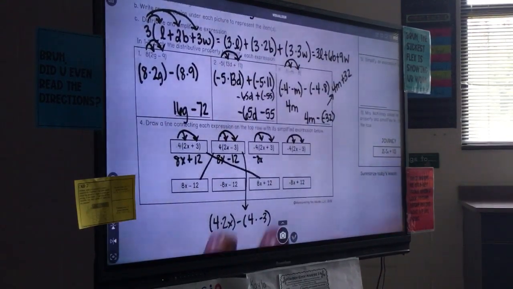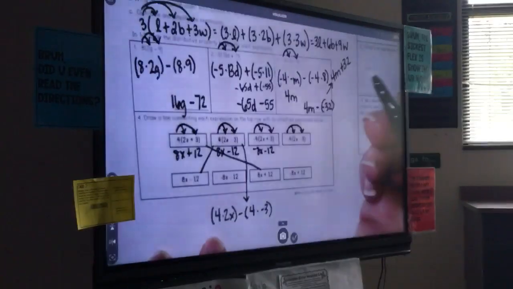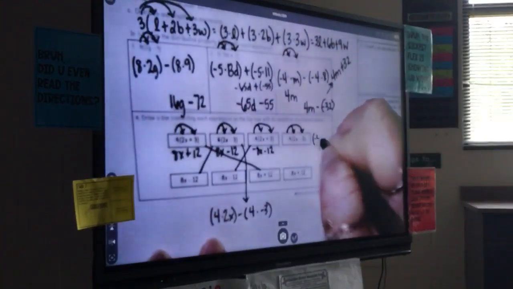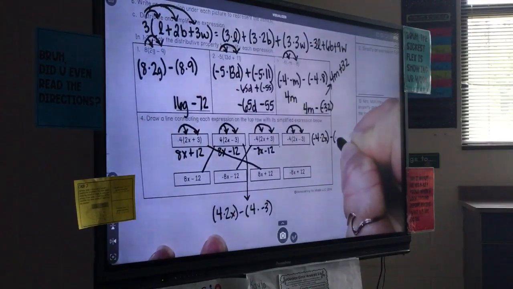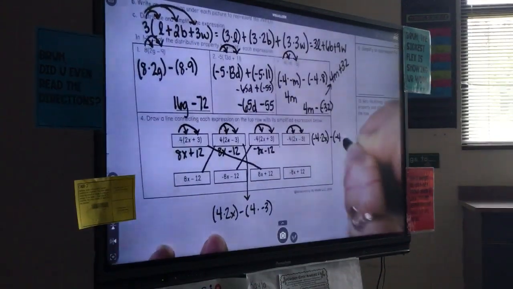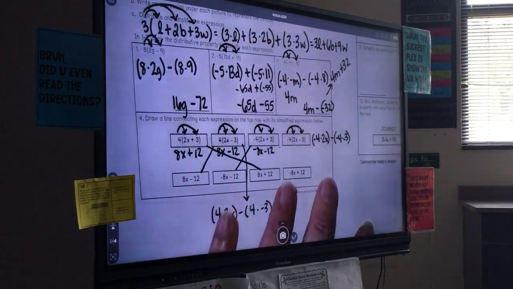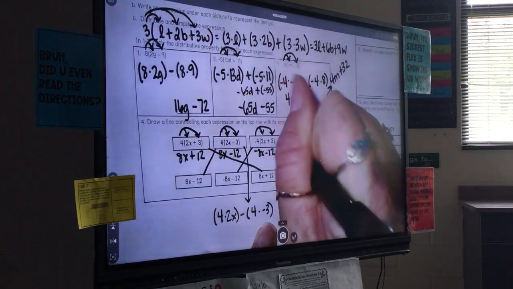There's a lot of question marks today. All right. So this one will go there, and then this one becomes negative 4 times 2x minus negative 4 times negative 3. So this last one gives you what? Negative 8x plus 12.